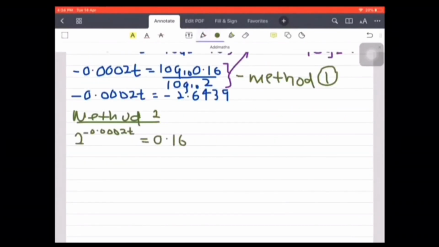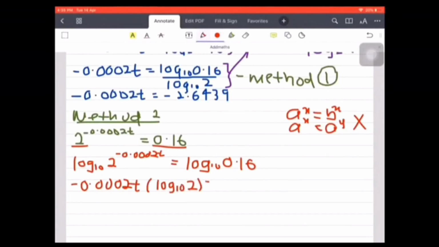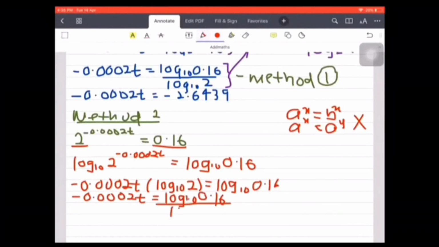For this equation, both sides, we cannot change them to this form, so we just put log base 10 on both of them. And move negative 0.0002t to the front. Log 10 of 2 equals log 10 of 0.16 and divide. When we use our calculator, the answer would be the same as method 1.